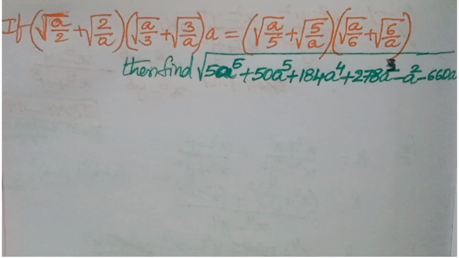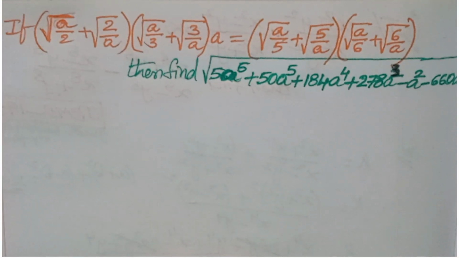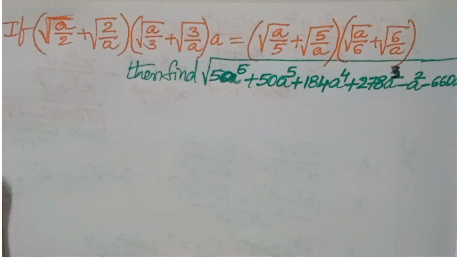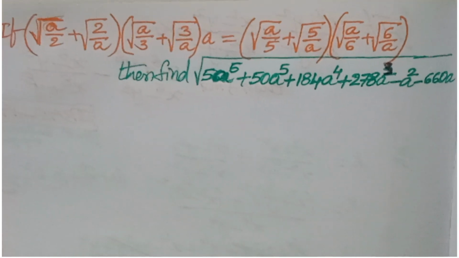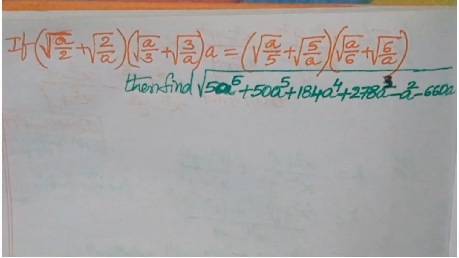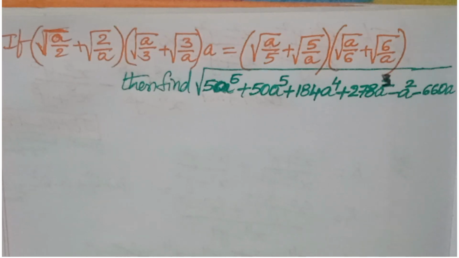So directly we'll go to the problem. Here in this problem, first of all, we'll take LHS and RHS. It is a very simple problem, but the calculation is more, so the calculation part is important.